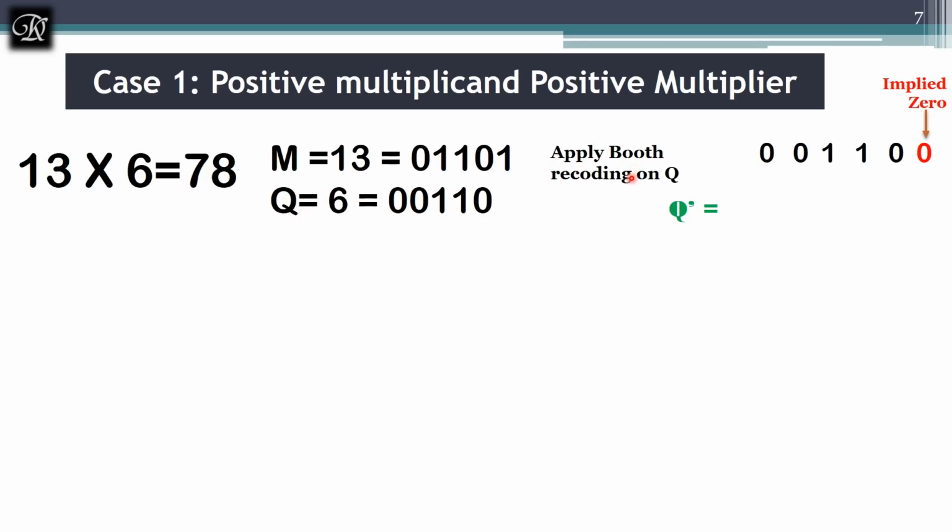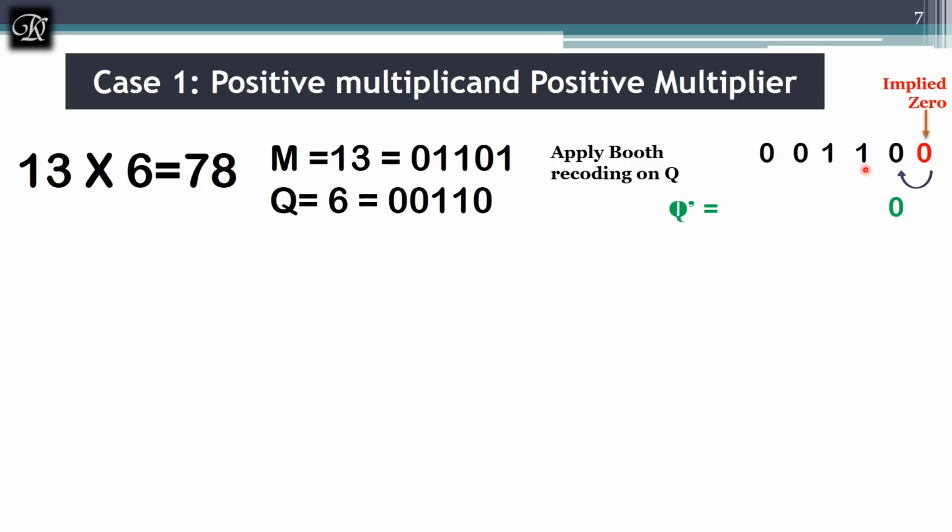Next, apply the Booth recoding on Q, whatever we are having here, 0 0 1 1 0. That is what I have written, 0 0 1 1 0. And I told you, you have to assume there is a 0, which we call an implied 0. So when you take the implied 0 and take a pair of these two, according to the truth table, when it is 0 and 0, the new Q will be 0.